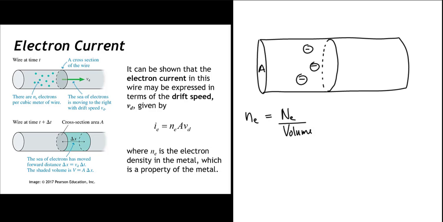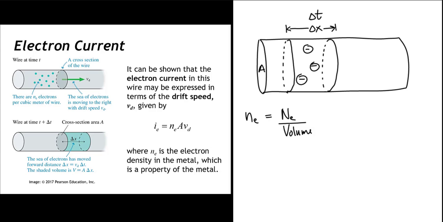So let's look at these electrons as they travel a certain distance, delta x, along the length of our wire, and let's say they travel that distance delta x in a time interval of delta t.